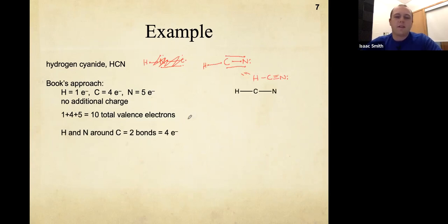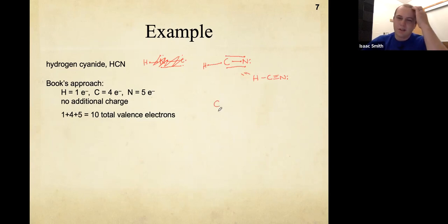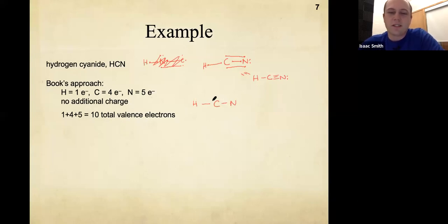And then you start listing out your elements. So you put carbon, hydrogen, and nitrogen, and then you first draw single bonds between everything, but that only accounts for 4 electrons, because remember, every bond holds 2 electrons. It's a sharing of 2 electrons.